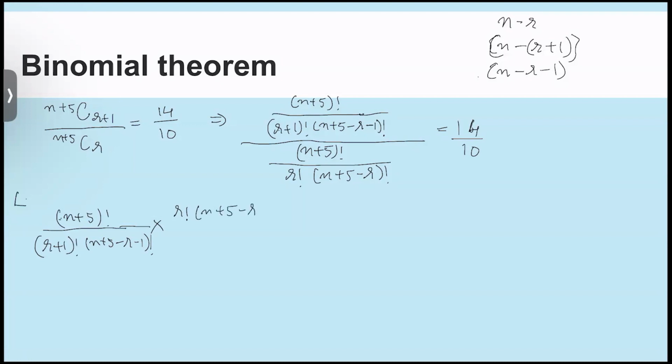Let's just solve the LHS part first, so it will be easy for us. r factorial upon n plus 5 factorial. So n plus 5 again gets cancelled.